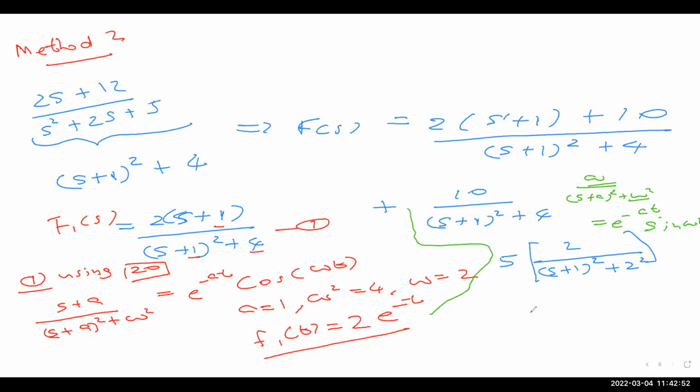So we know our omega. Omega is equal to 2, omega squared is 4, and a is 1, right? So we just have to substitute, and if we write this as F2(s), F2(t) is equal to 5 e to the minus t, and what's our equation?